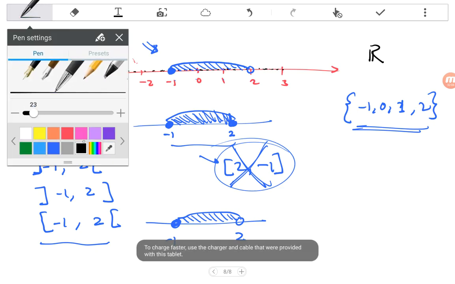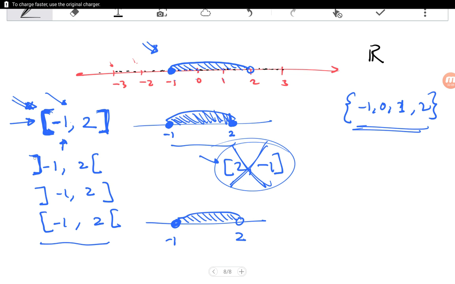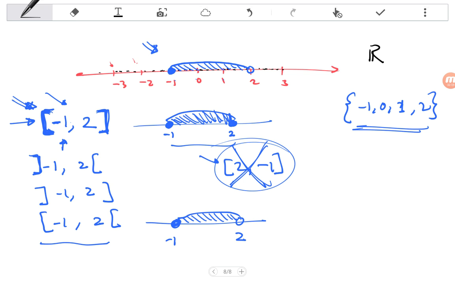In some textbooks, to express an open interval, they use the round bracket instead of a square bracket. They just express it like this: -1 to 2. Sometimes this creates ambiguity with a point in the Cartesian plane.